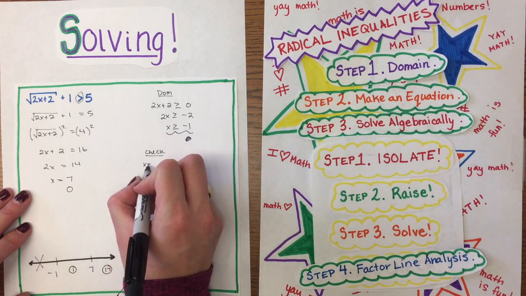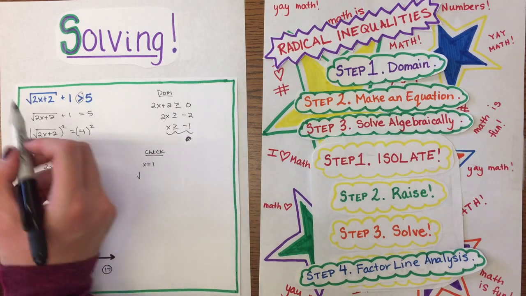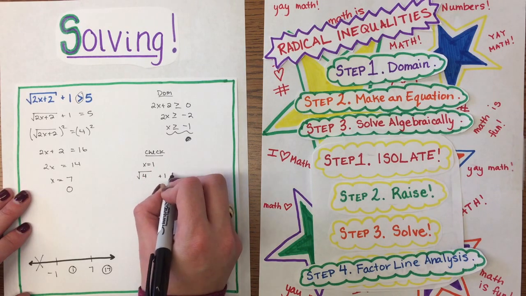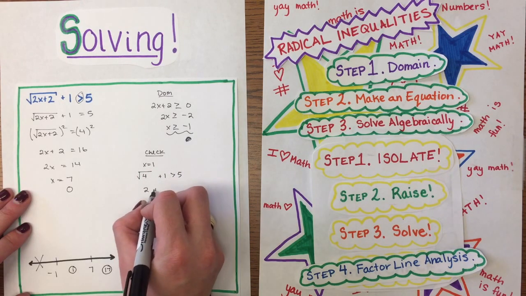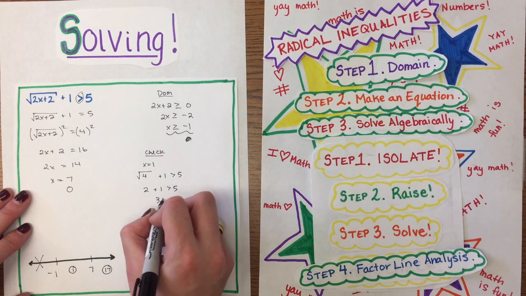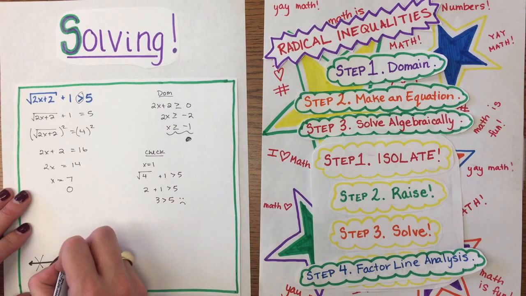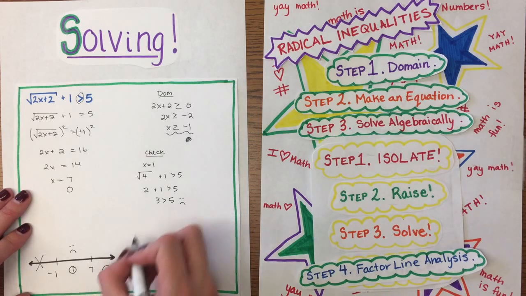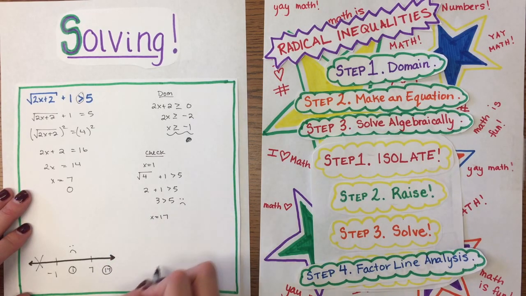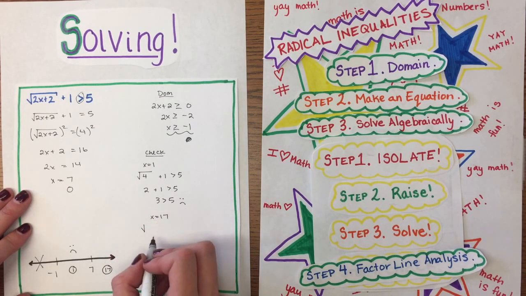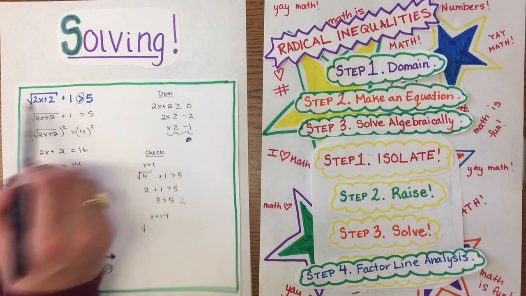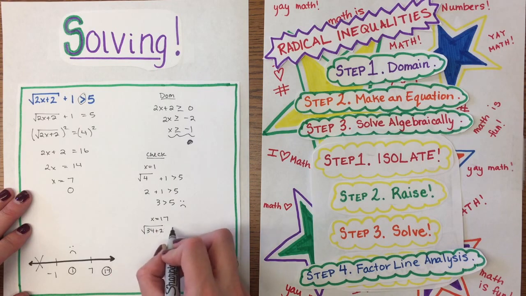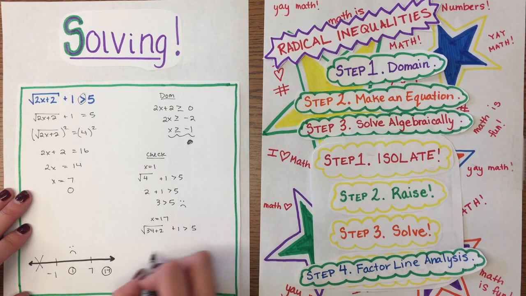So if I check x is equal to 1, I get the square root of 2 times 1 plus 2, that's the square root of 4, plus 1 is greater than 5. 2 plus 1 is greater than 5. That is not true. So that region will not be part of my solution. If I check x is equal to 17, all right, I get the square root of 2 times 17 is 34 plus 2, plus 1 is greater than 5.